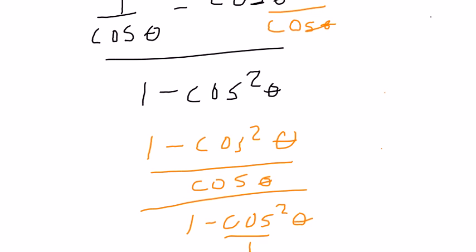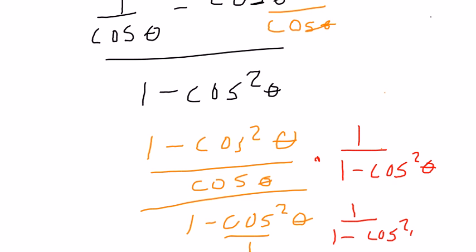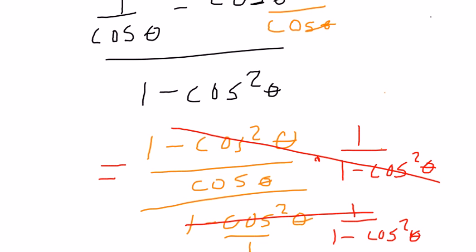Okay, so when you divide by a fraction, it's the same as multiplying by the reciprocal. So I can multiply both the top and the bottom by this. The bottom cancels to 1. I'm going to end up with on top 1 over cosine, which is secant.